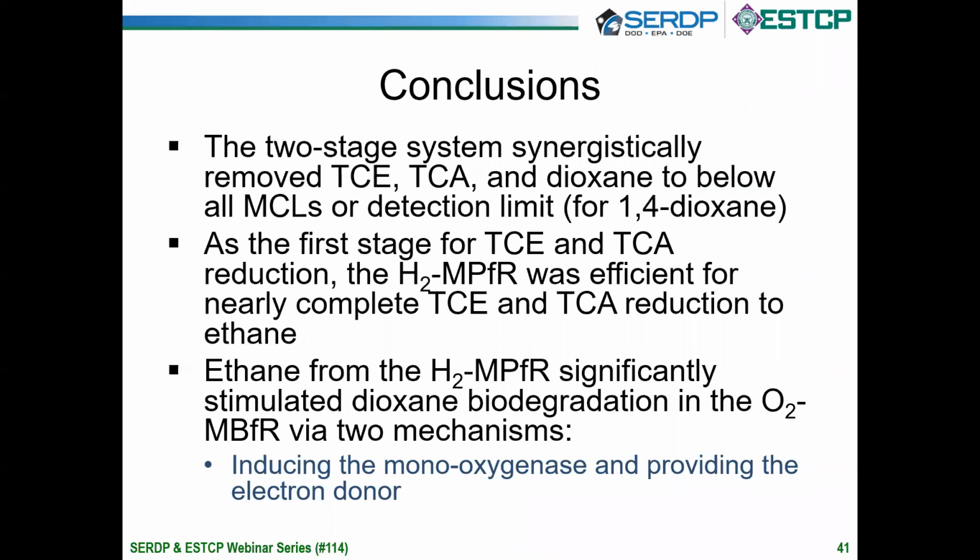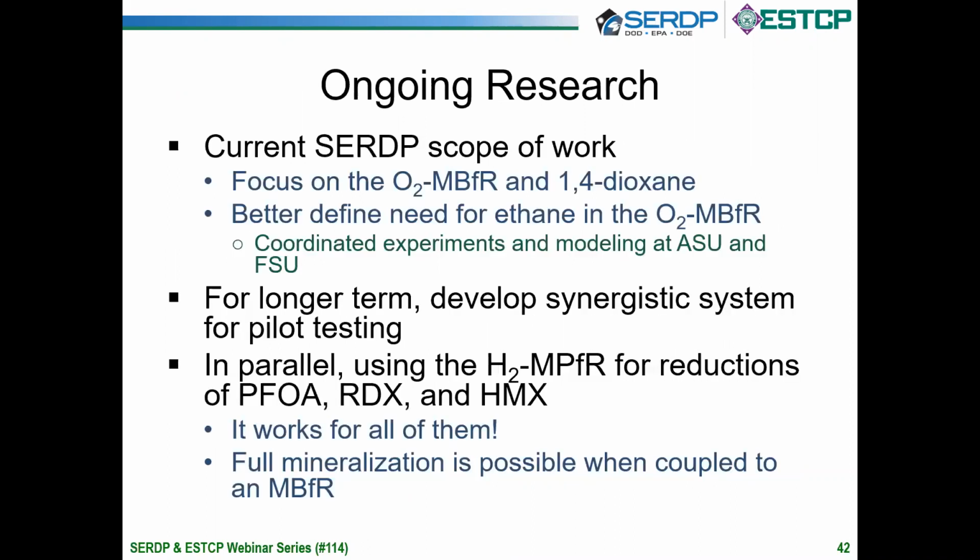We got essentially complete removal of TCA and TCE in the first stage, and then the ethane from the first stage was effective for stimulating dioxane biodegradation in the second biological stage by being the molecule that induces the monooxygenase and also provides electron donor to grow the organisms and to drive the monooxygenase process. So it was truly a synergistic system.